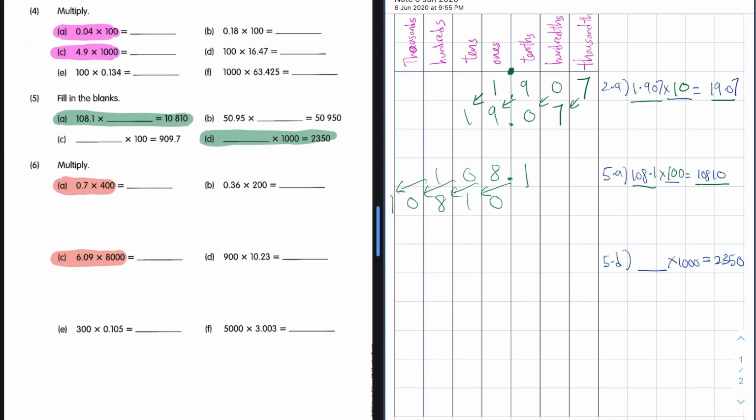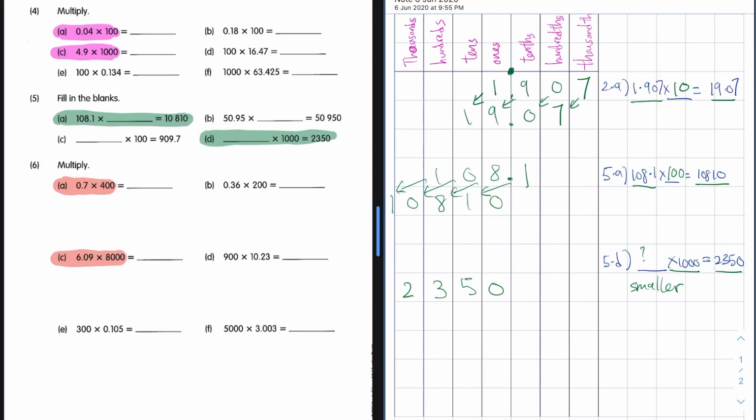Okay. Finally, I'm thinking of a number, and when I multiply by 1000, I'm going to get 2350. Okay, so first ask yourself really, is this number going to be larger than 2350 or smaller than? Okay, since it's multiplied here, you know that this number is going to be smaller than 2350, which means that everything now shifts to your right by 3 squares.